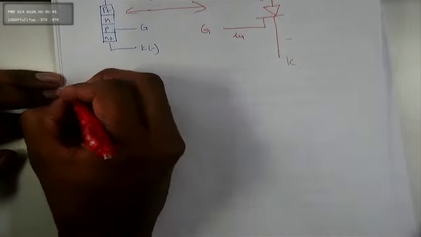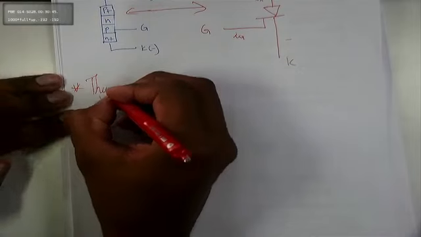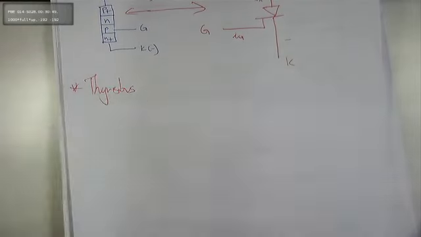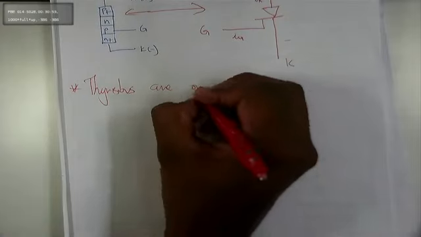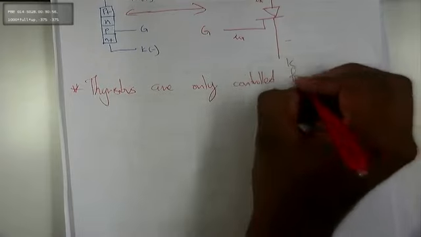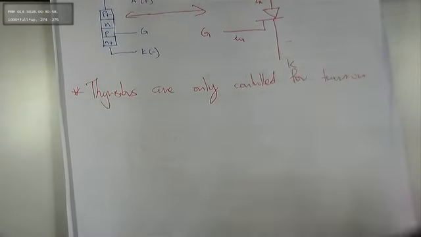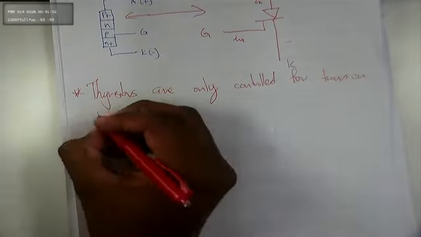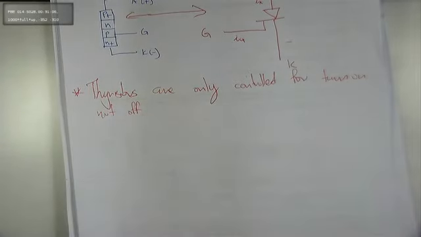Thyristors are only controlled for turn on, not turn off. That's why thyristors fall in the semi-controlled devices, because we can only control it to turn on, but we cannot control it to turn off.